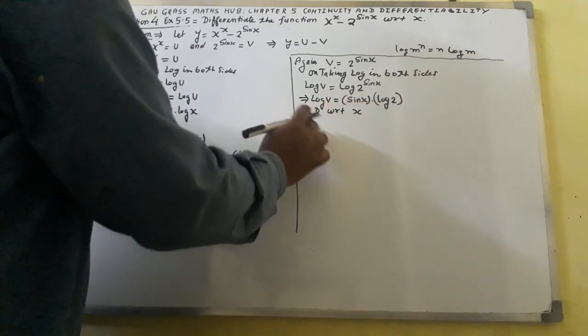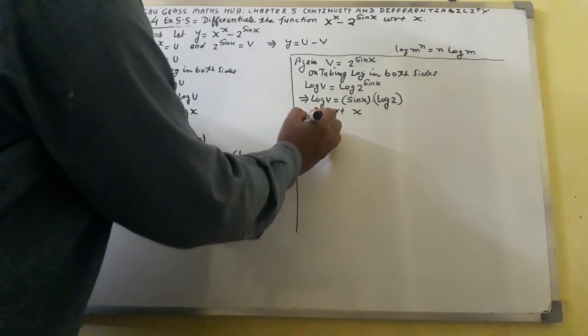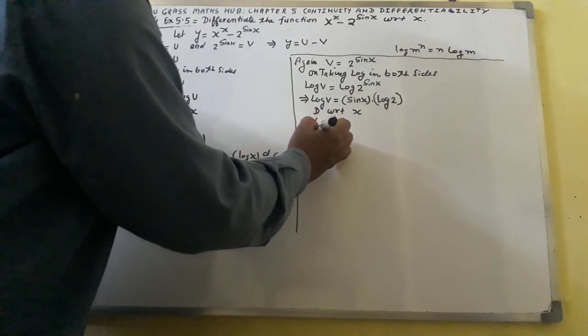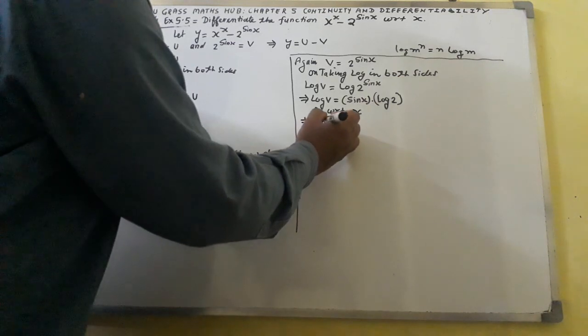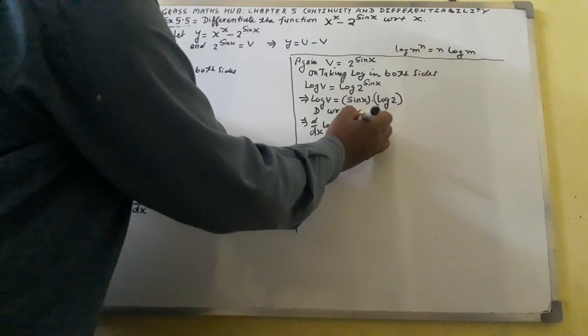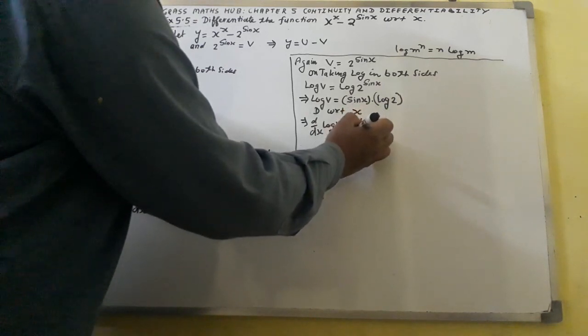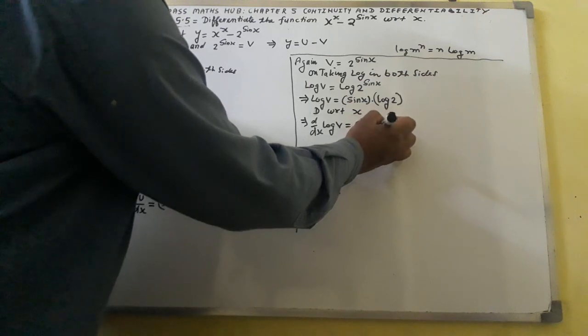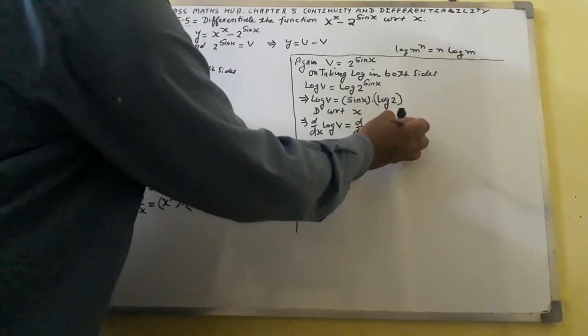So I shall write here, differentiating with respect to x, imply that d over dx of log v equal to d over dx of sin x dot log 2.